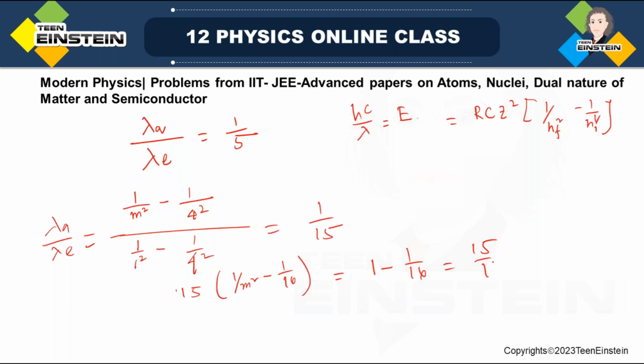So this is 15 by 16 here. So 15 goes off from both sides. So 1 over 16, 1 over 16. You can just go with 1 over m square is equal to 2 by 16.